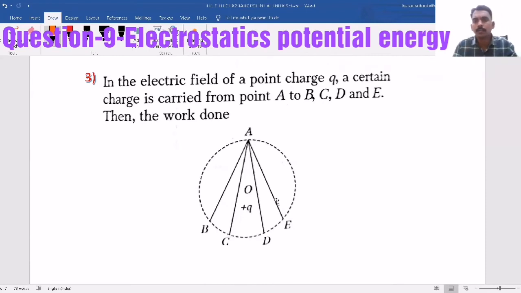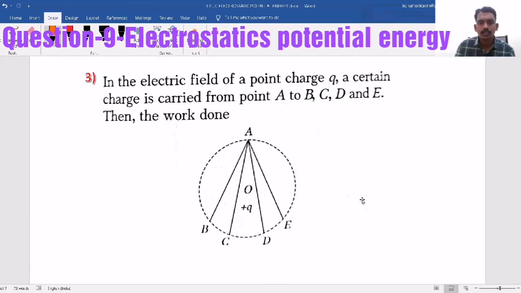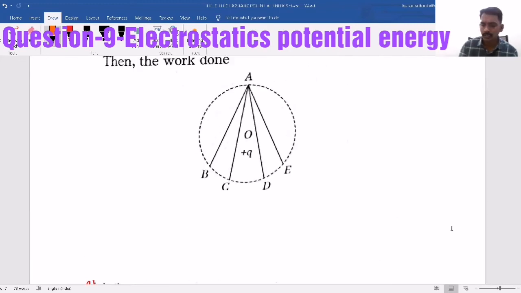Now here, in the electric field of a point charge Q, a certain charge is carried from point A to B, C, D and E, then the work done. Now, see here, if the electric charge is at the center, one thing you need to understand: as the charge is at center, the distance of A, B, C, D, E all are same, and the potential due to a point charge is kq by r.